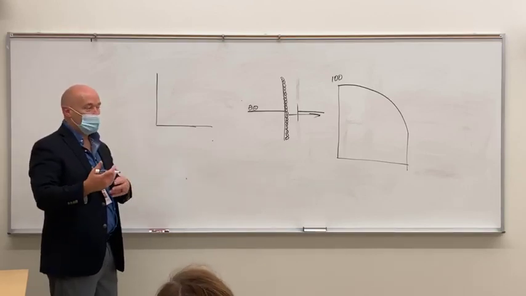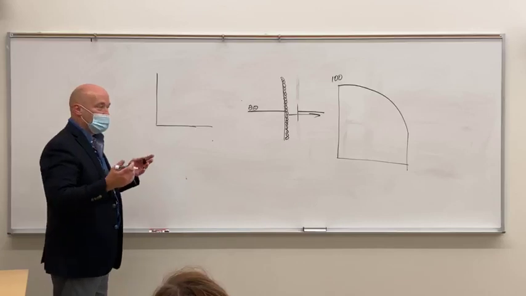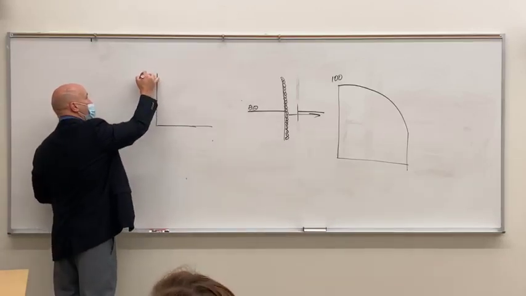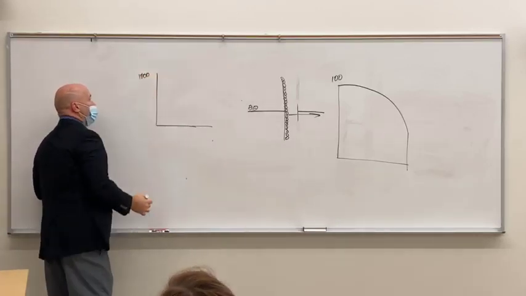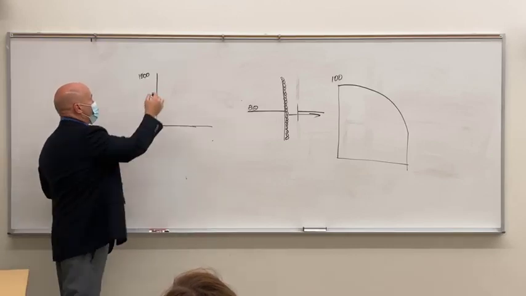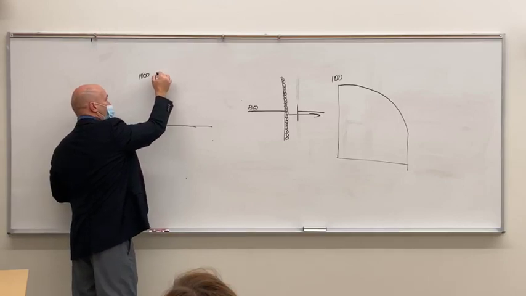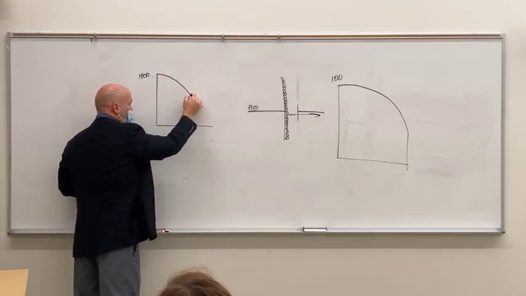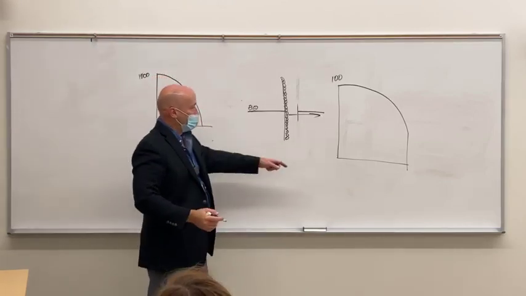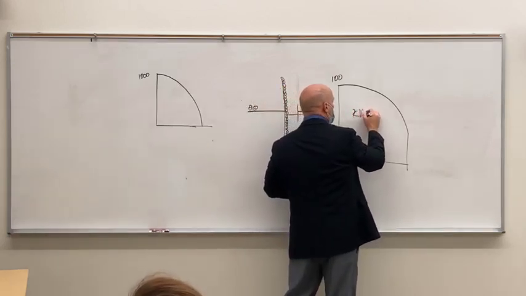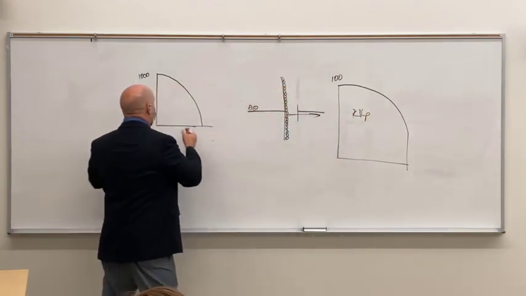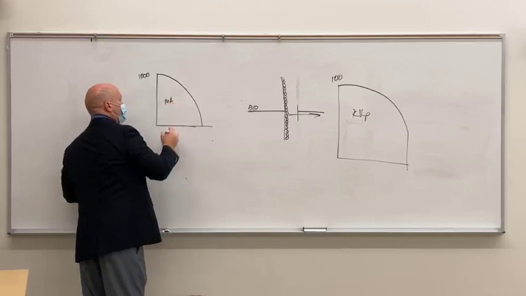So the start of your exposure starts at 1000 mA, and throughout the exposure, the mA station drops. Capacitor discharge, kVp drops. Falling load generator, the mA drops throughout the exposure.